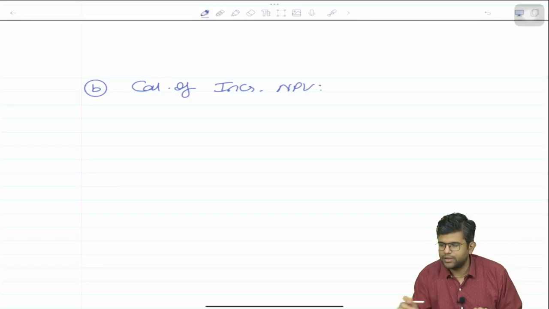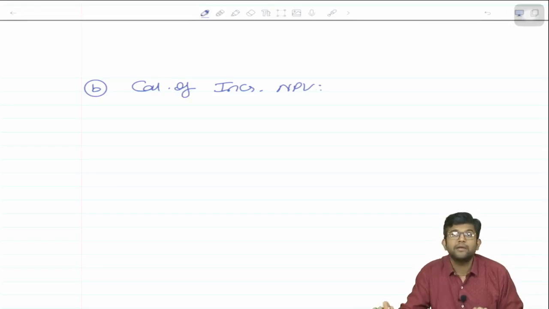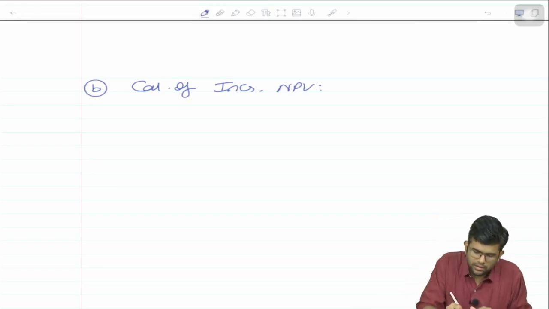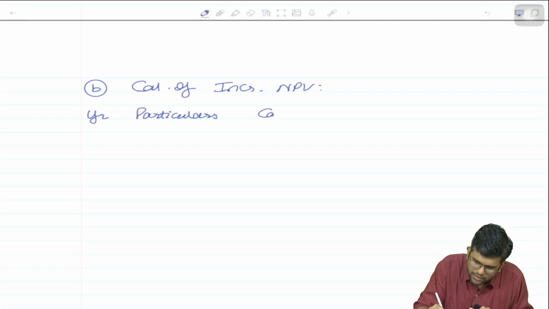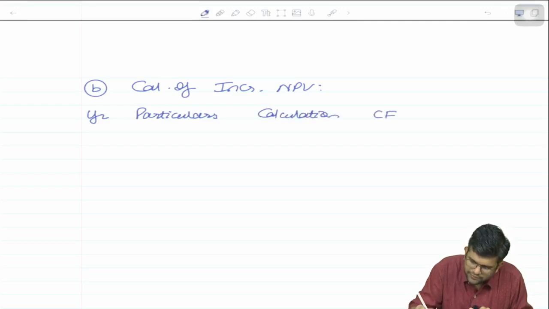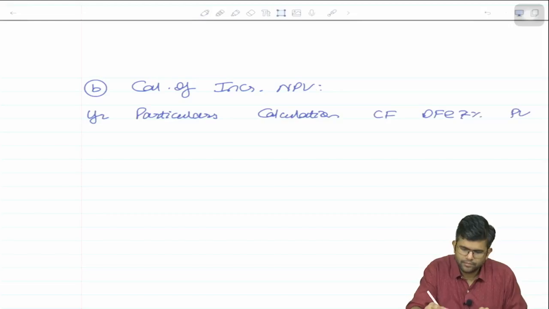Everyone ready? Calculation of incremental NPV. Year, particulars, calculation, cash flow, discounting factor at the rate 7%, present value.